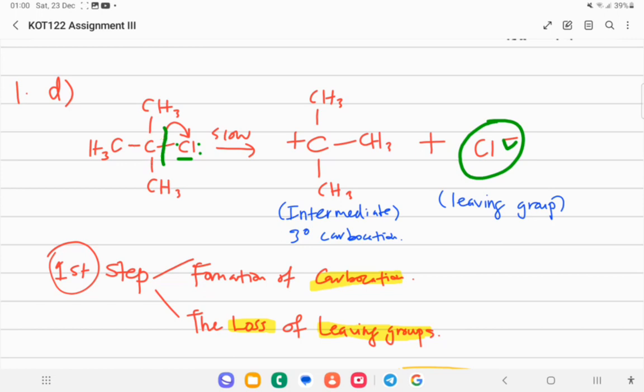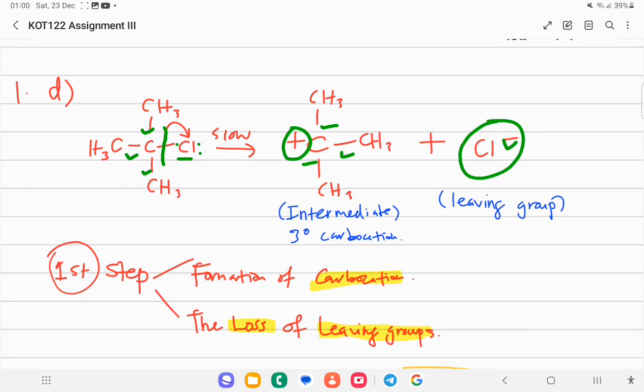There are only three bonds, 1, 2, 3. So it is a carbocation, because there are only three bonds around our central carbon atom.